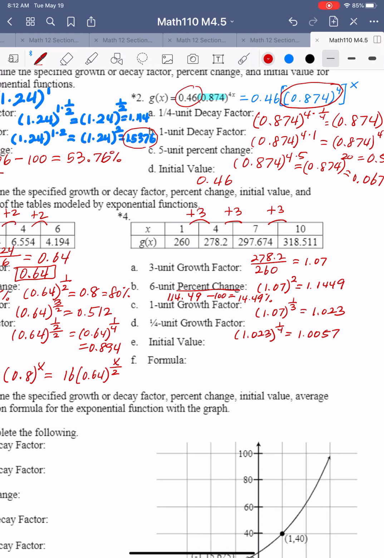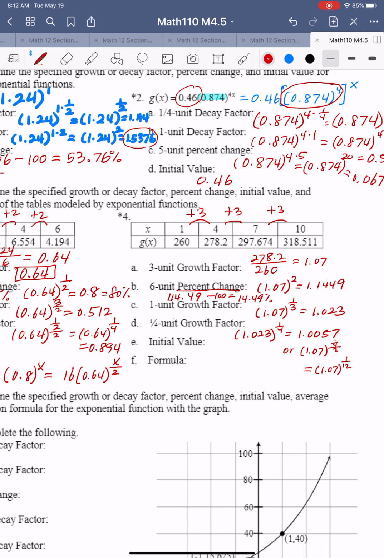Or if you use a 3 unit growth factor, you can say 1/4 of 3, 1.07 to the 1 over 12, which should be the same as 1.0057, okay?